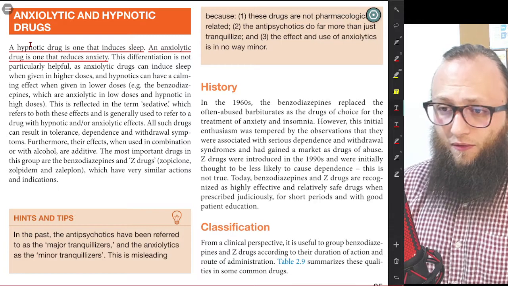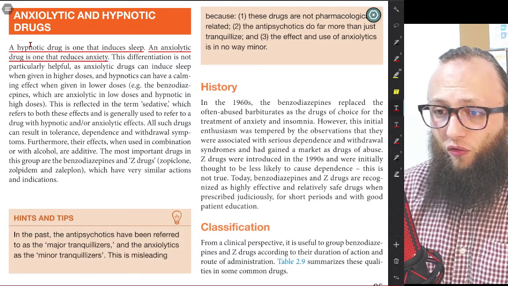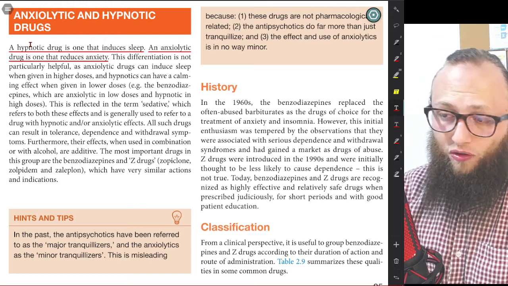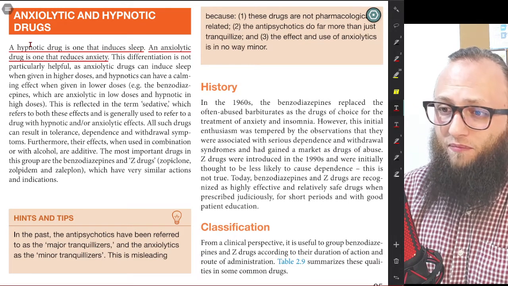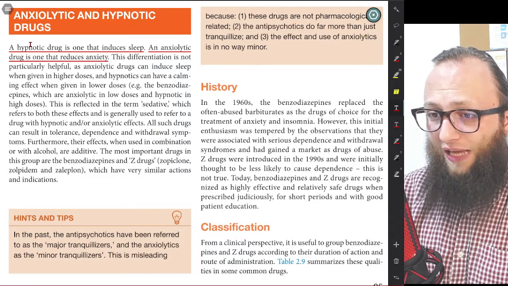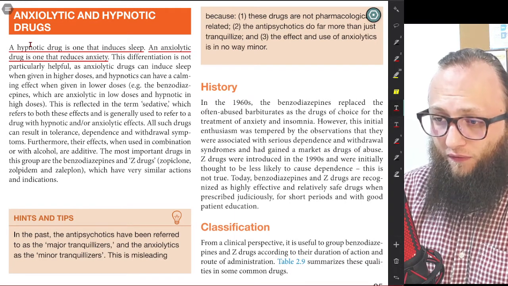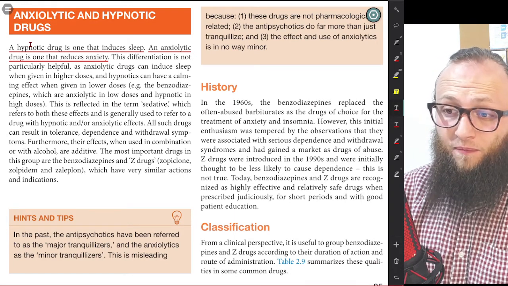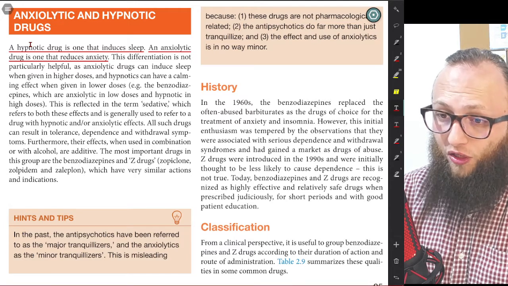Z drugs were introduced in the 1990s and were initially thought to be less likely to cause dependence. This is not true. Nowadays, benzodiazepines and Z drugs are recognized as highly effective and relatively safe drugs when prescribed judiciously for short periods and with good patient education.